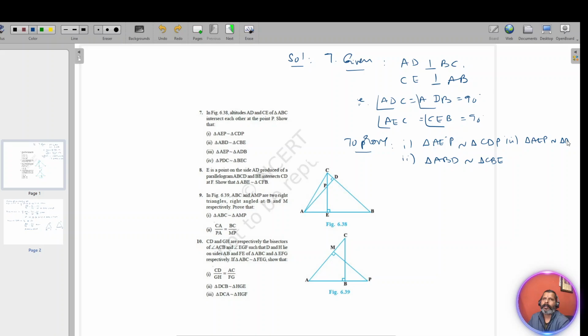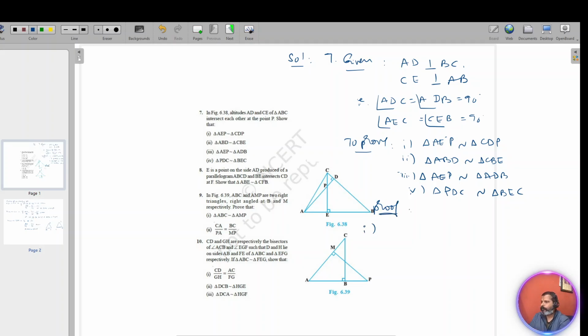Let me write a little here. It's not visible. Basically, you copy all four which are to be proved: AEP, ADB, and triangle PDC similar to triangle BEC.